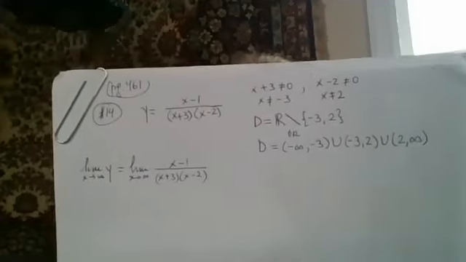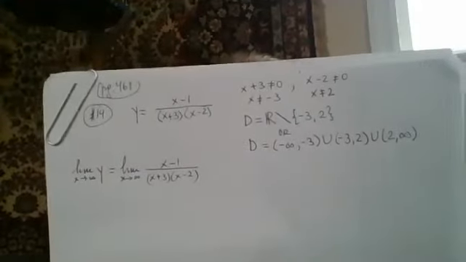I'm going to find this limit right now. Let's start. Do we have any uncertainty, dear ladies and gentlemen? Pretend that you are plugging in positive infinity instead of x. Do you get infinity minus 1, which is infinity, on the top?